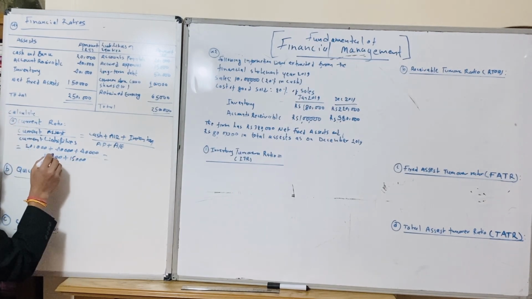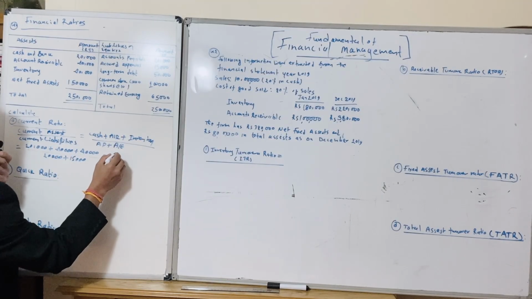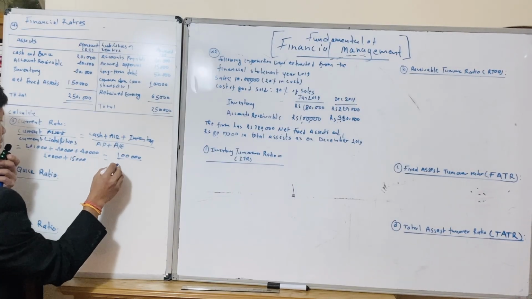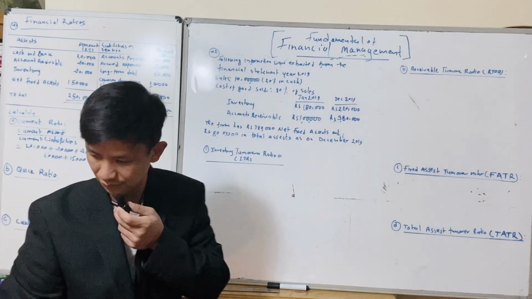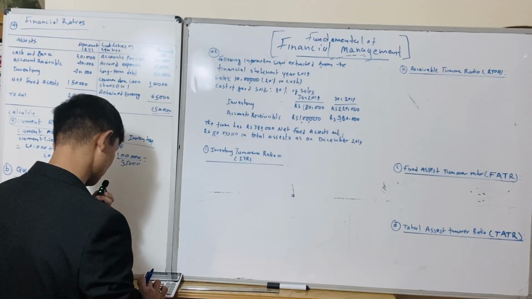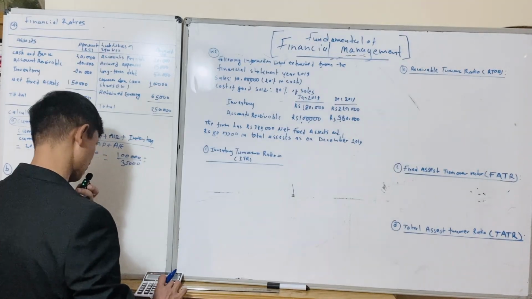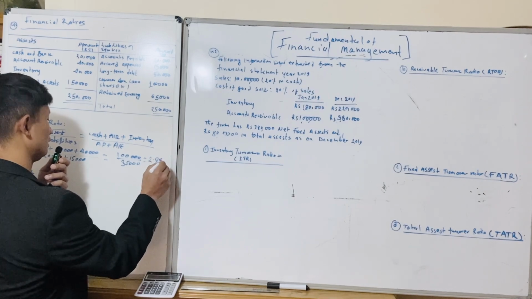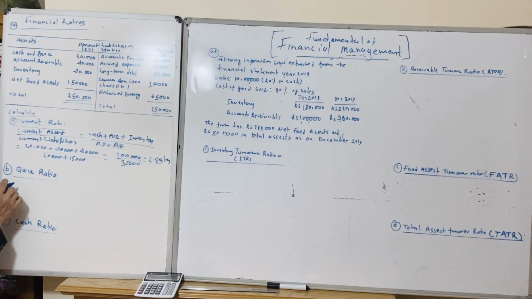So the total current assets is 40, 40 is 80, 80, 100,000, divided by 20 plus 15, which is 35. If we calculate 100 divided by 35, we'll get the figure of 2.85 times as the current ratio.